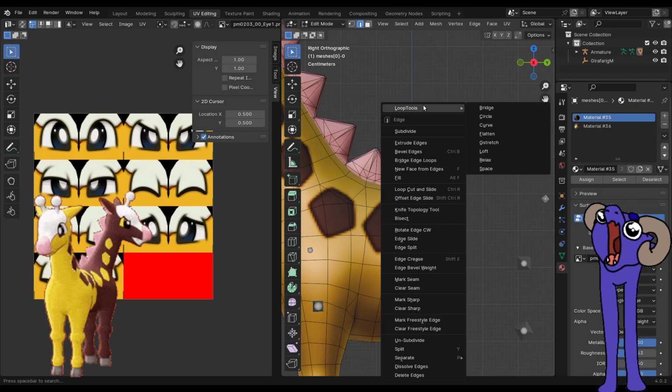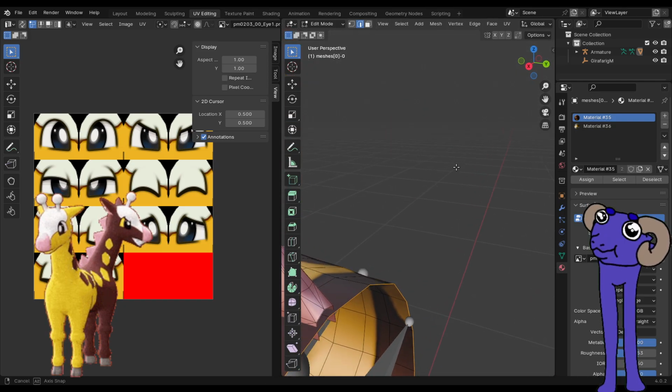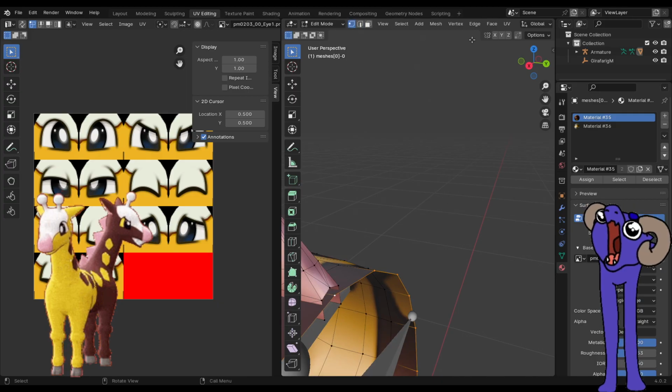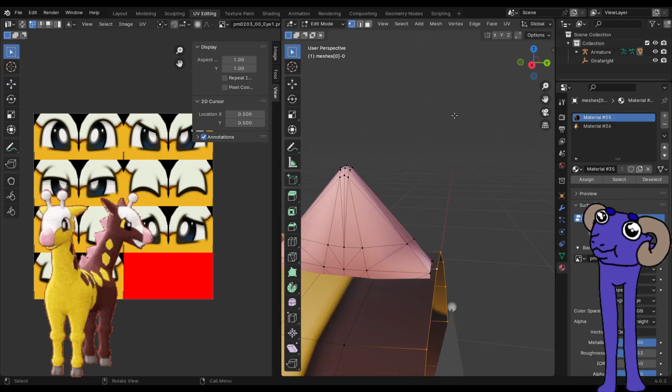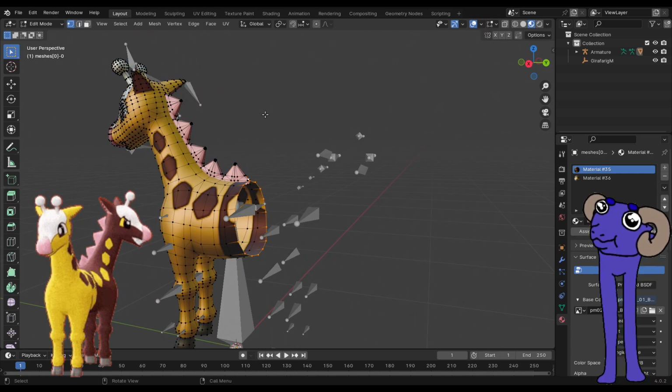Okay, so I'm going to flatten this. No. You know what? This will make it easier. We go to here and then we go to... Let's go back to layout mode so we can see a bit better.